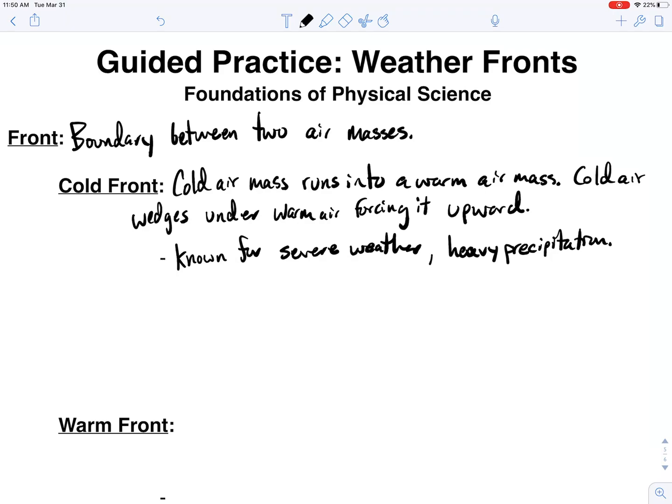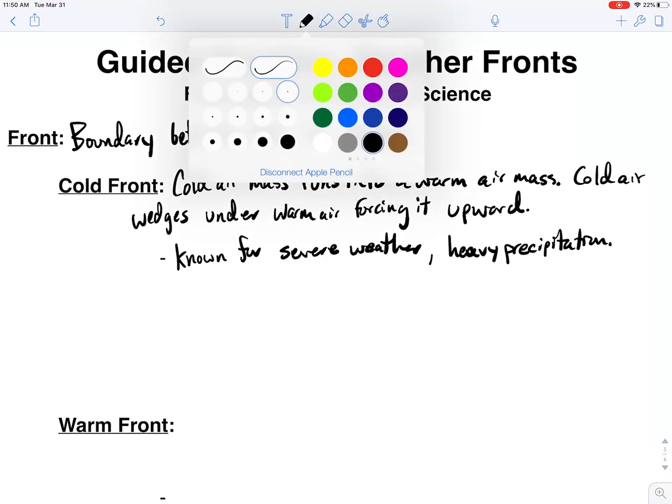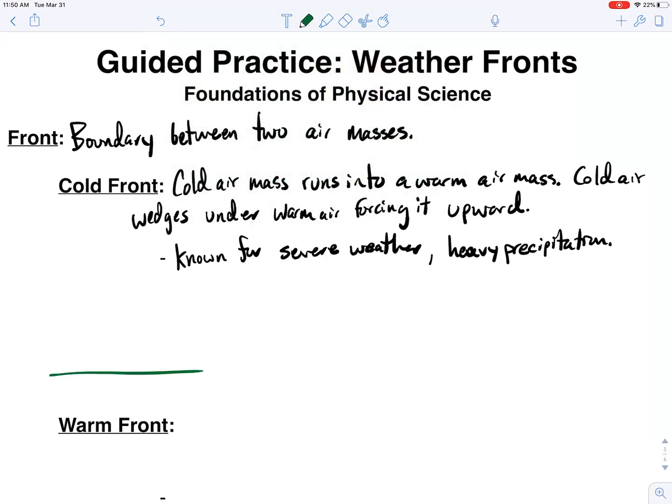If we're getting thunderstorms, if we're getting steady heavy rain coming through, usually that's due to a cold front that's moving through the area. So we associate that kind of more severe precipitation, heavy weather with cold fronts, and here's why. Let's think about what's happening here.